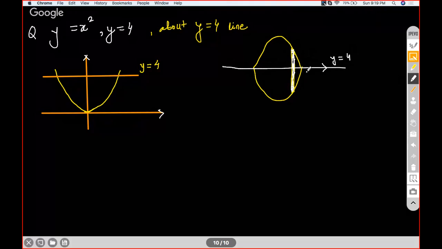So 2 to the power 3 by 2 is just 2 root 2, right? Yeah.